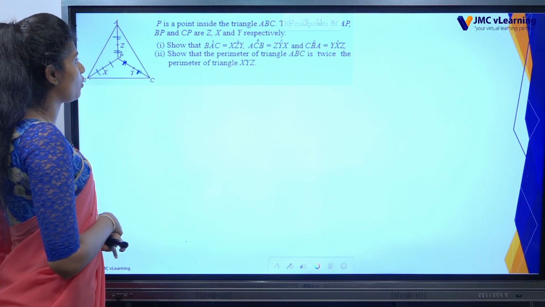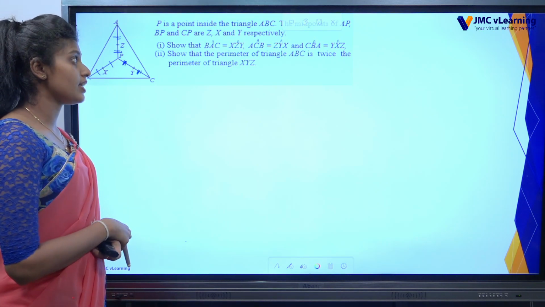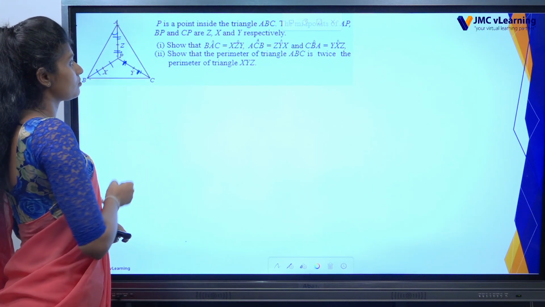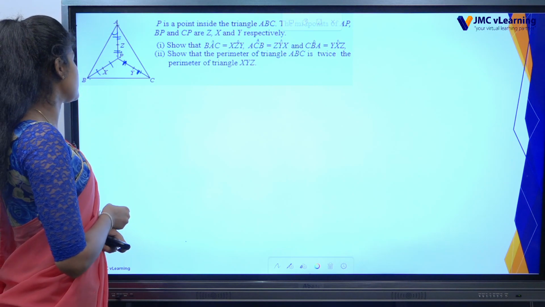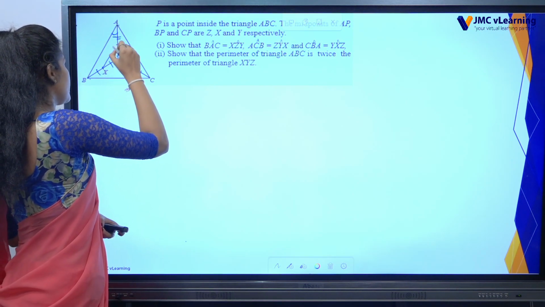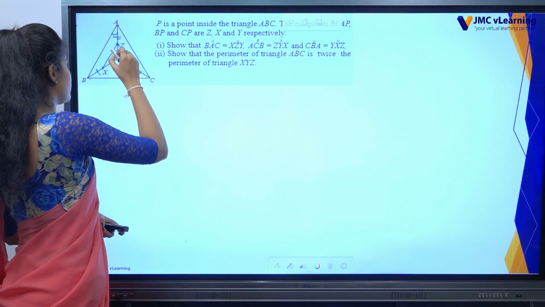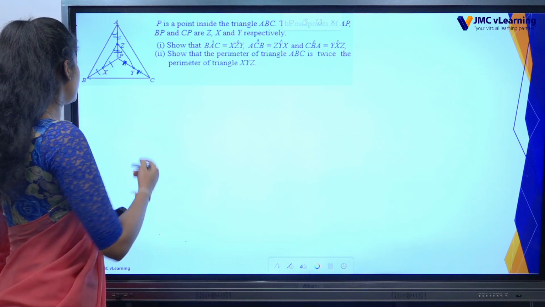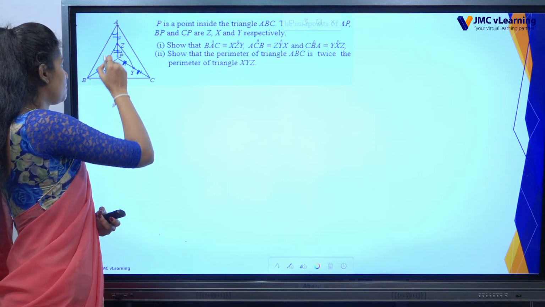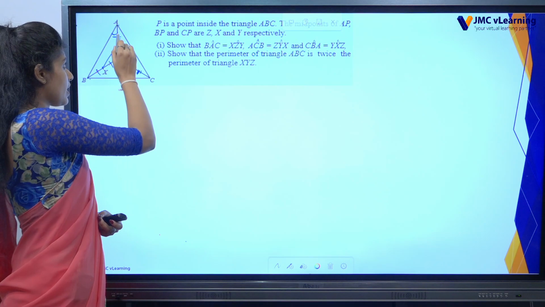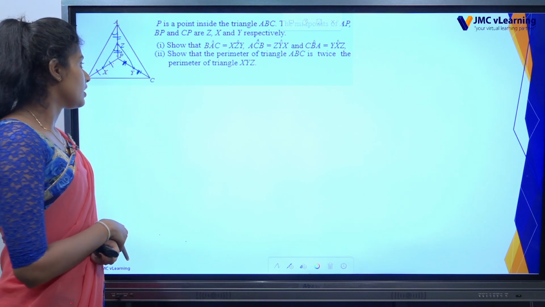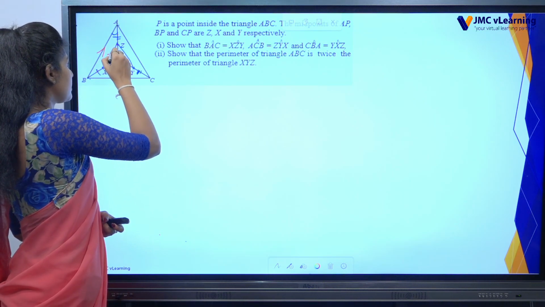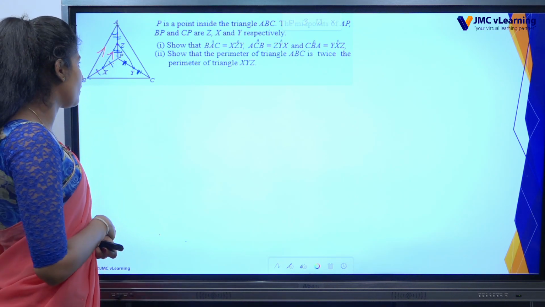Then we have to show that BAC angle is equal to XZY angle. How can you prove that? Now we know these are the midpoints and these two sides are equal in length. That means this BA line and XZ line are parallel to each other.